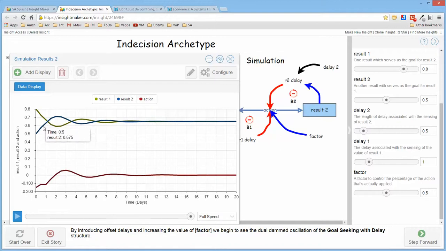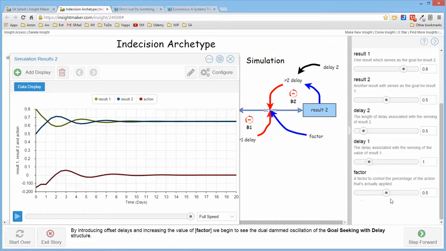Not only that, because there are actually two results which are the goals of each other, both of them are oscillating back and forth, as opposed to simply one state oscillating back and forth as it was with the goal seeking with delay.